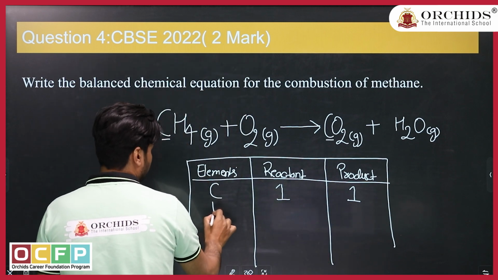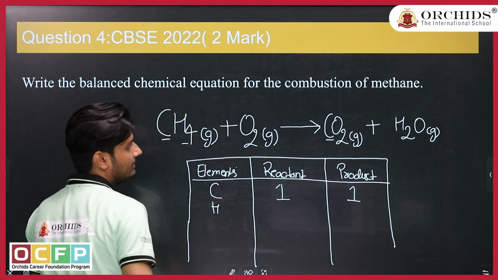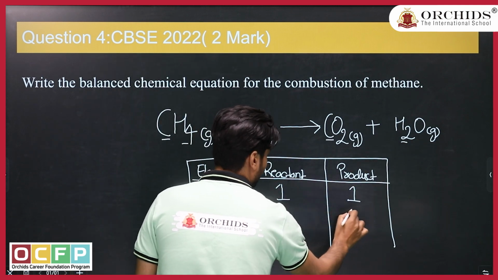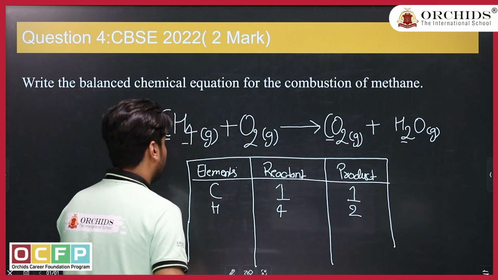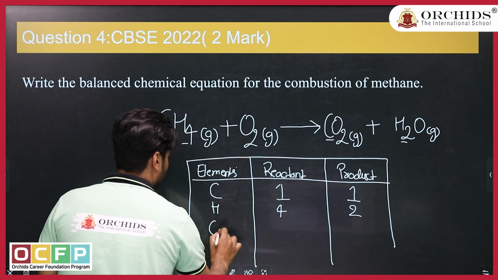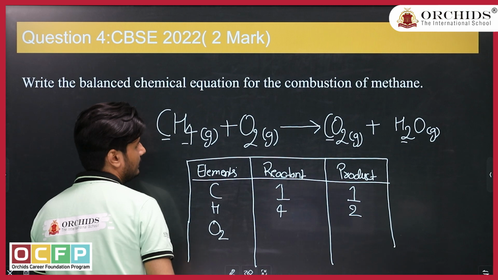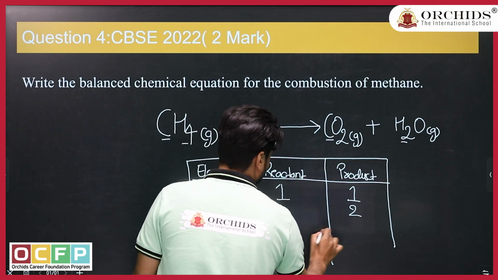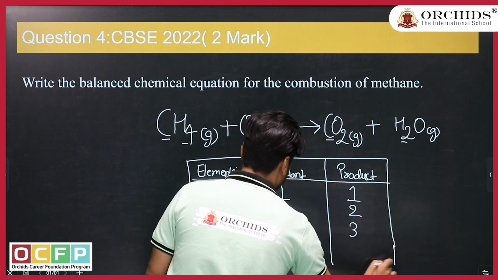Next we have hydrogen, 4 on the reactant side and 2 on the product side. There are 2 atoms of oxygen on the reactant side and 2 and 1, 3 atoms on the product side.